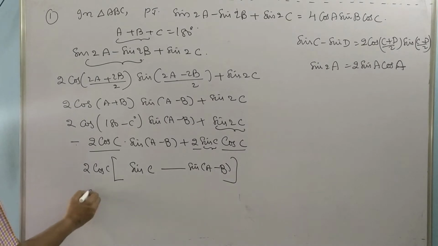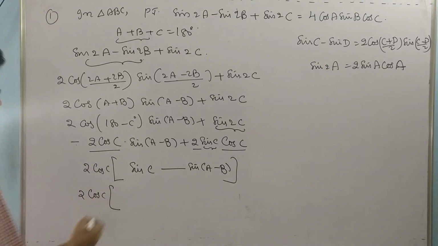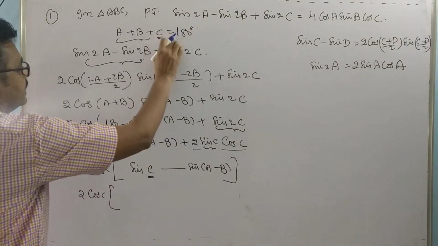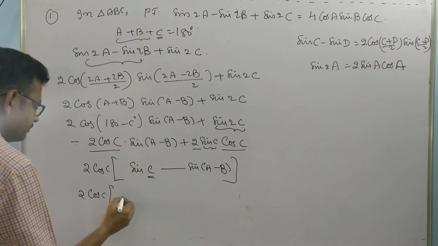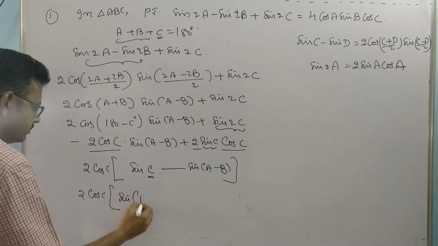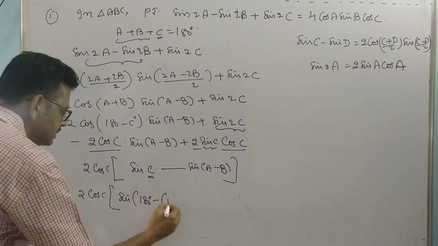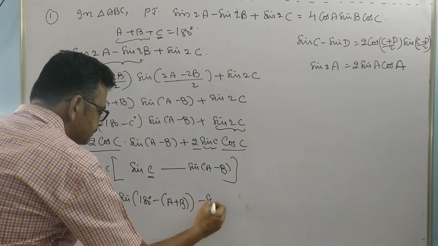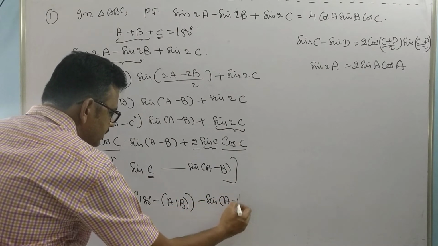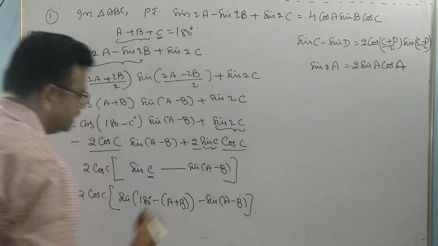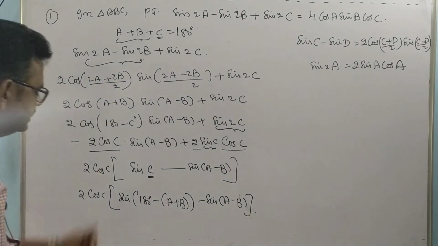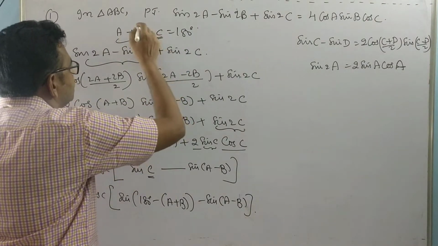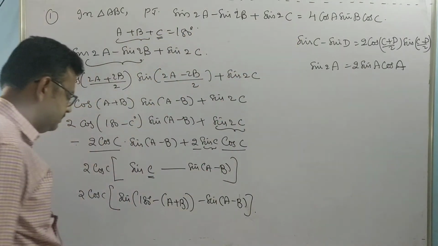That is equal to 2 cos C into sin of (180 degrees minus (A plus B)) minus sin of (A minus B), since C can be written as 180 degrees minus (A plus B).